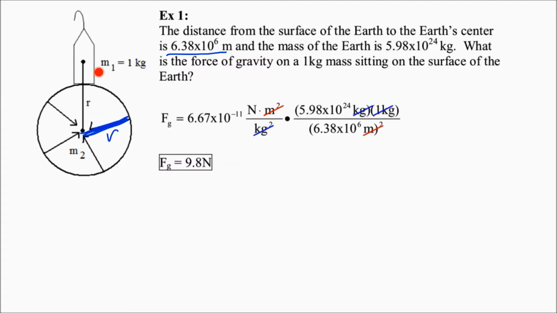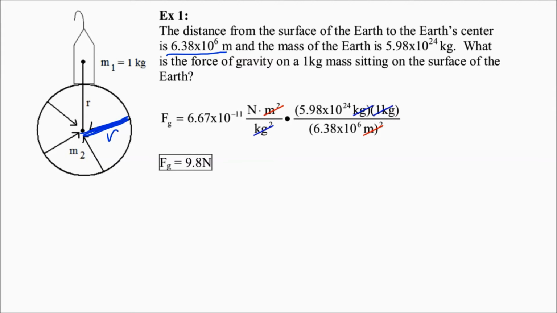This extra amount of distance here is nothing compared to all the rest of it. So we can actually go ahead and just ignore it. And in this case, we can use the radius of the Earth because the radius of the Earth plus half the distance of a 1 kilogram mass is essentially still just the radius of the Earth.